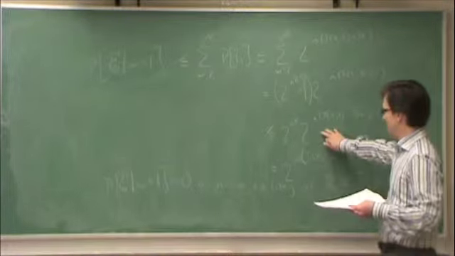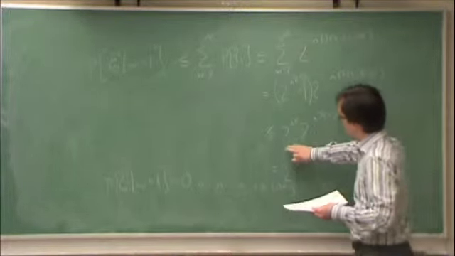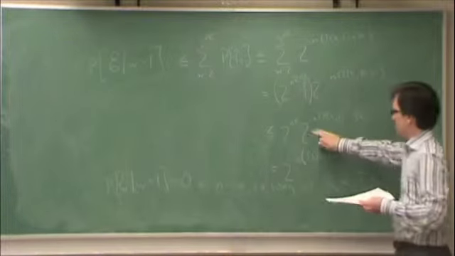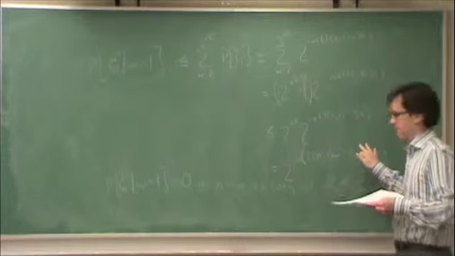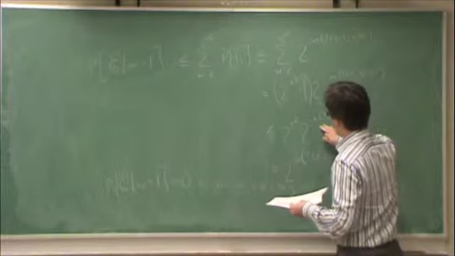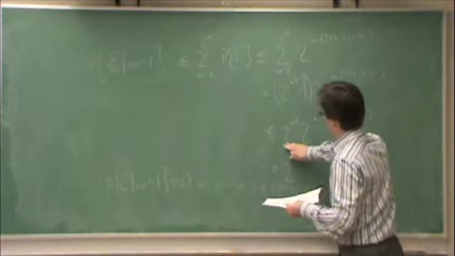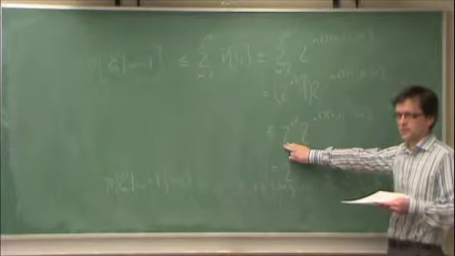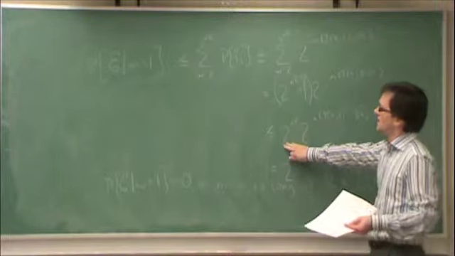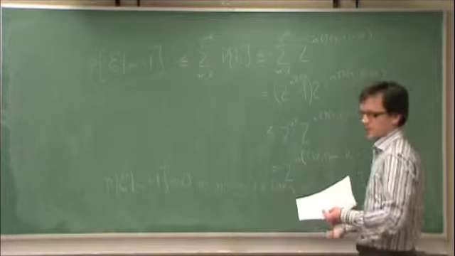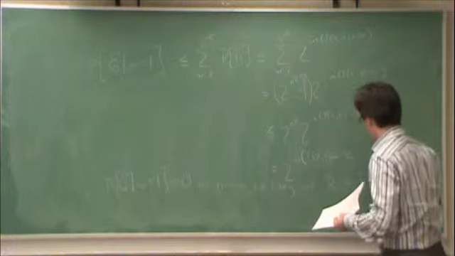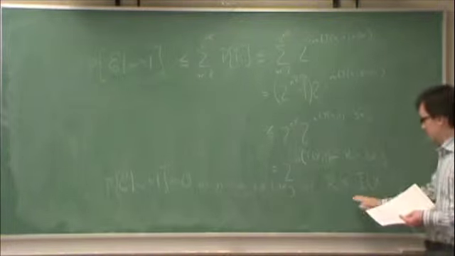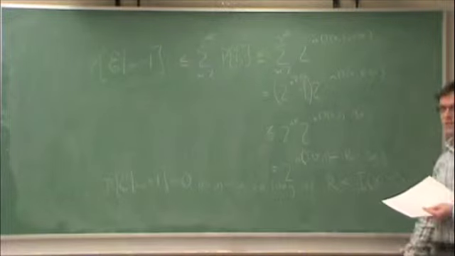So as long as there are sufficiently few code words, this overall probability will still go to 0. So in other words, this is the individual probability for each code word, and we multiply that by the number of code words. So as long as the number of code words is sufficiently small, I should be able to distinguish any two code words with high probability, and that's what this is telling me. So in other words, the rate just has to be less than the mutual information.